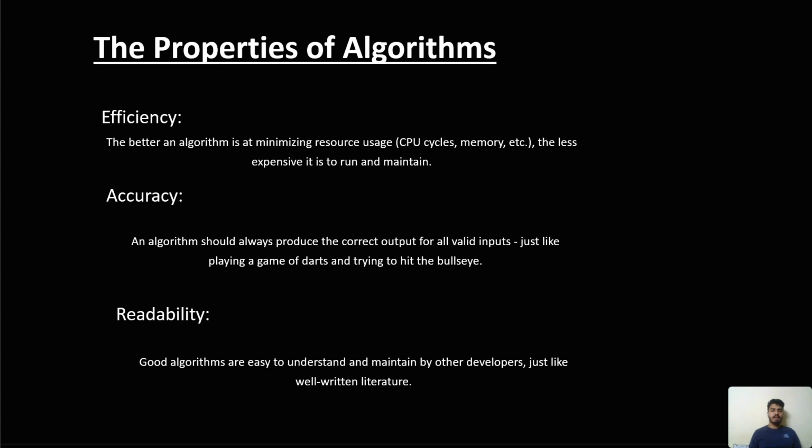Accuracy. An algorithm should always produce the correct output for all valid inputs, just like playing a game with darts and trying to hit the bullseye. Readability. Good algorithms are always easy to understand and maintain by other developers, just like well-written lectures.